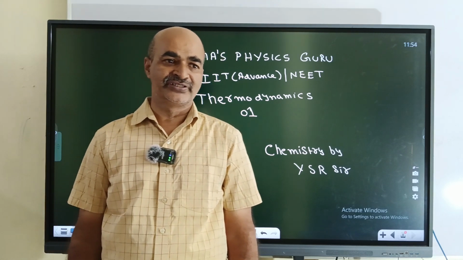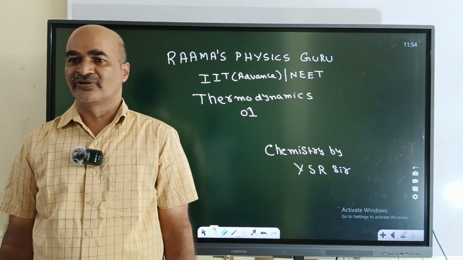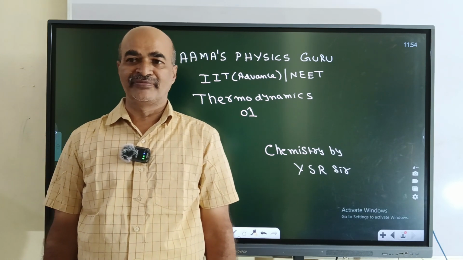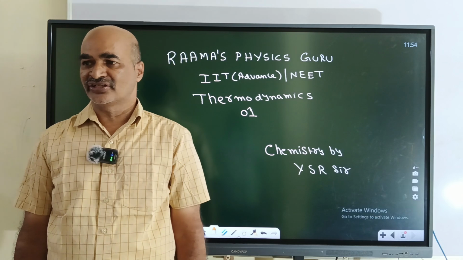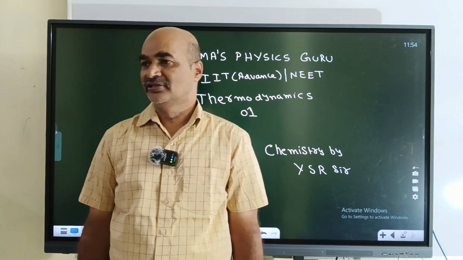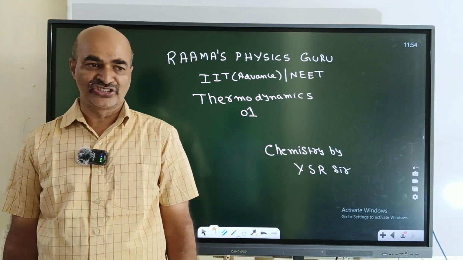So what is the importance of thermodynamics? It helps us know whether a process or a chemical reaction occurs or not. This is called feasibility of a process or a reaction.